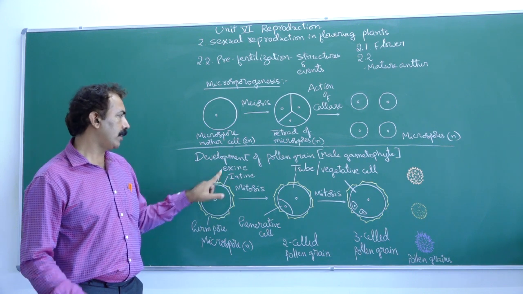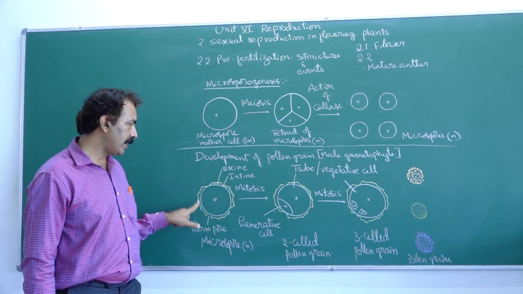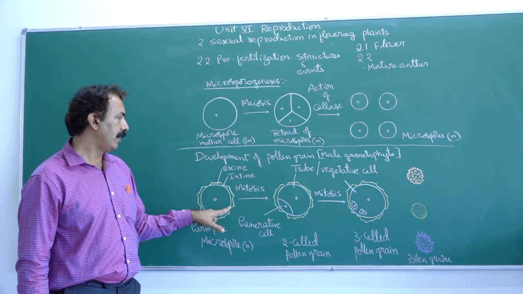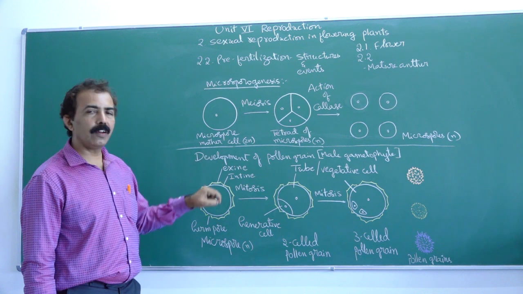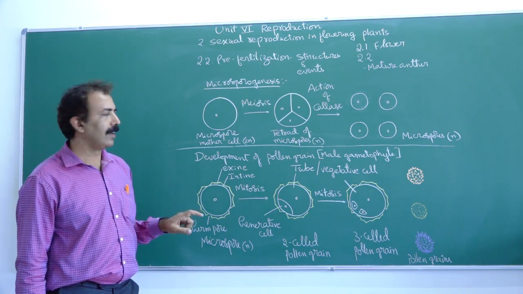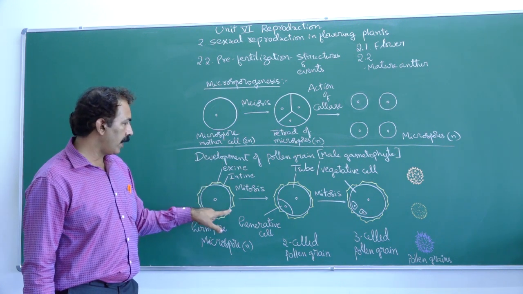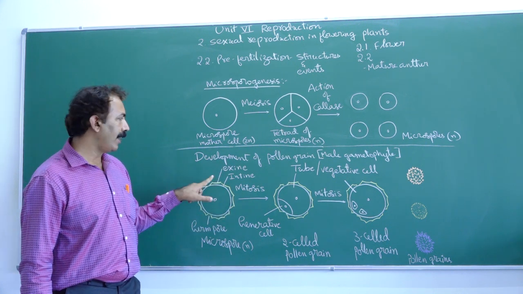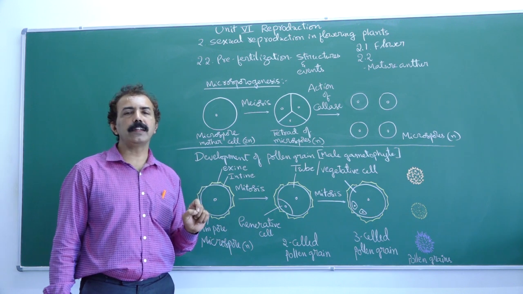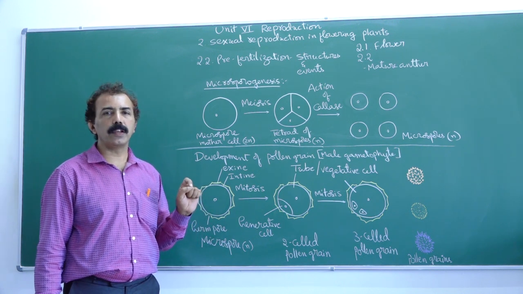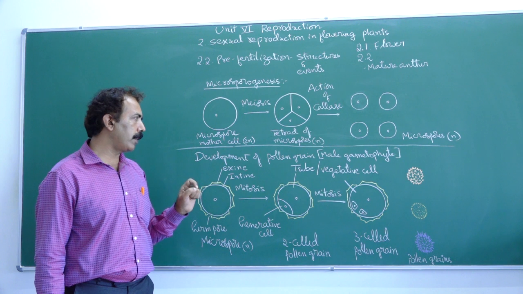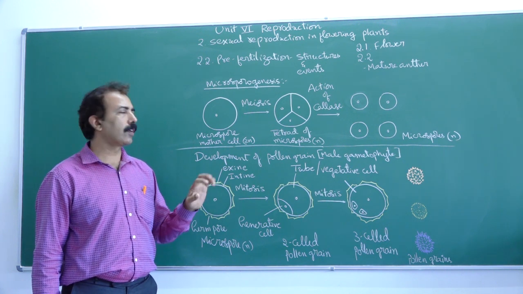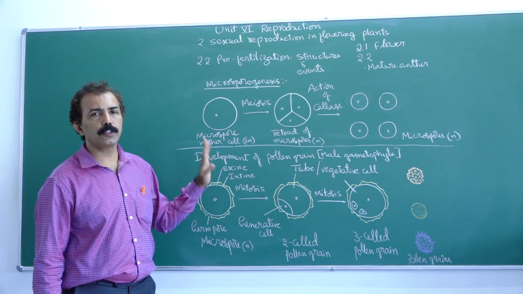And you can observe that intine is continuous, whereas exine is deposited in an irregular pattern. In some regions exine is not deposited. Exine is made up of a material called sporopollenin. This sporopollenin is chemically resistant. No chemical on the earth can destroy sporopollenin.